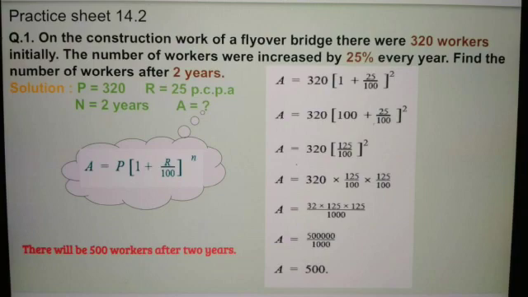After cancellation, amount is equal to 32 into 125 into 125 upon 1000. Again after multiplication, amount is equal to 500,000 upon 1000. After cancellation, your amount is 500. Amount is 500 means what? Number of workers. So there will be 500 workers after 2 years.